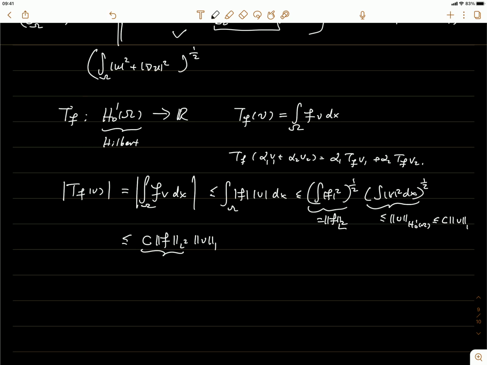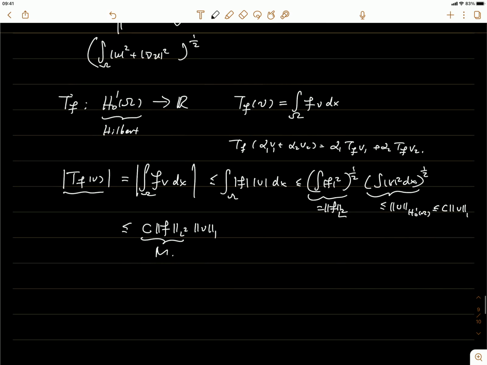Okay, so this is like a constant, we call it M. That's why this one here is bounded by some M times the one norm of v. So this means that it's not just linear, but also bounded, which means that it's continuous. Okay, so that means T_f is a bounded linear functional on the space here.